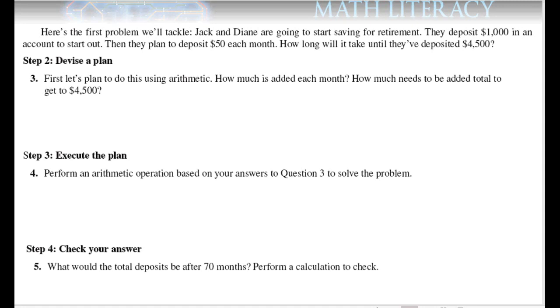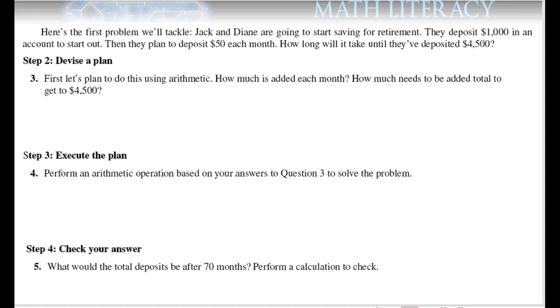Okay, so first let's devise a plan. Let's plan to do this using arithmetic. How much would you add each month? How much needs to be added? Total to get 4,500. So we start with 1,000. How much do we need to add to get 4,500? So we have 1,000.